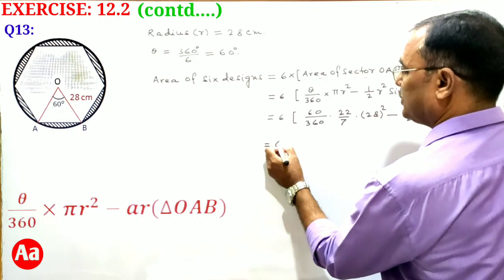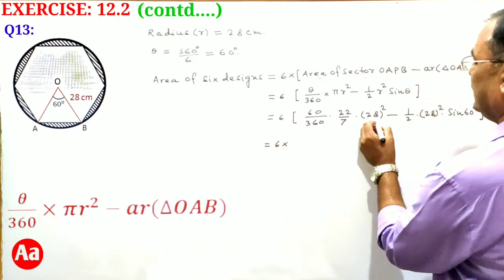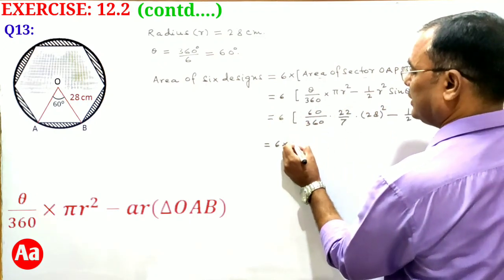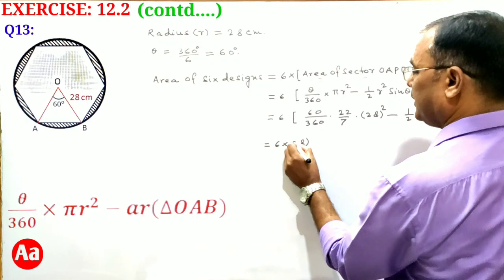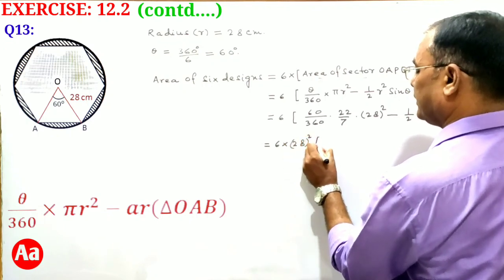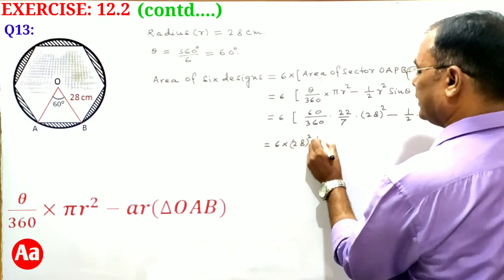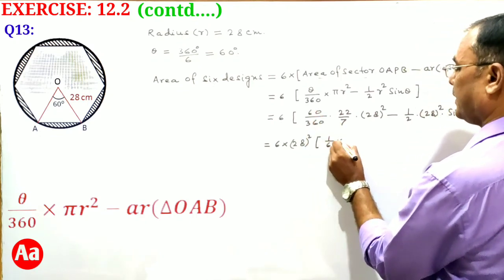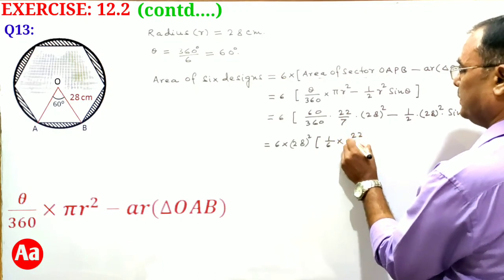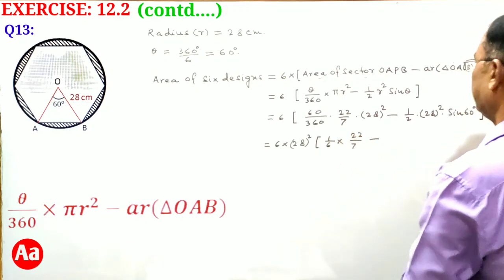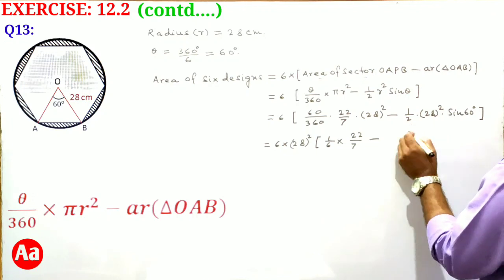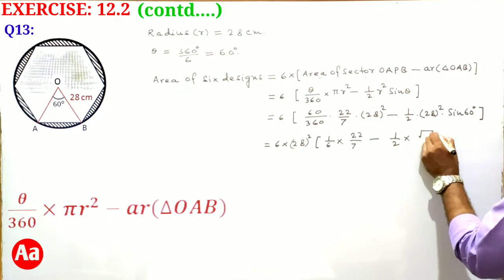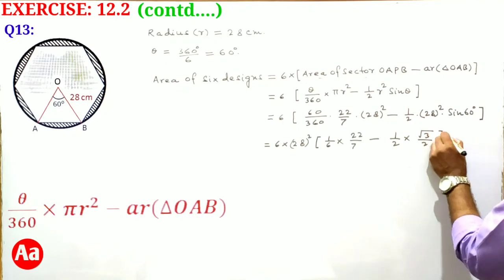This is equal to 6 into 28 square, let's take common. 28 square we have taken common and written it outside. 60 by 360 is 1 by 6 into 22 by 7, minus 1 by 2 into sine 60 degree, root 3 by 2.